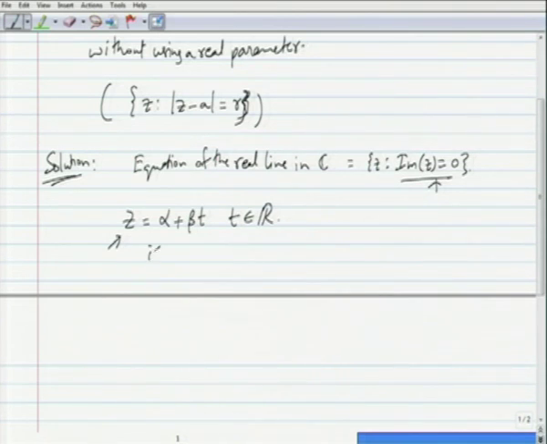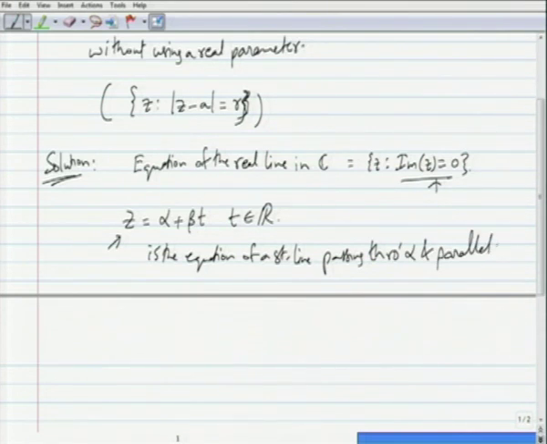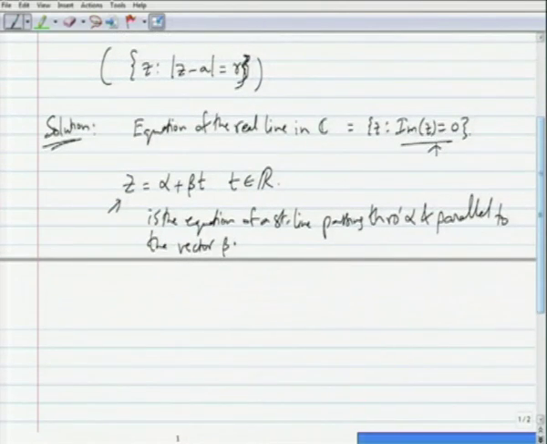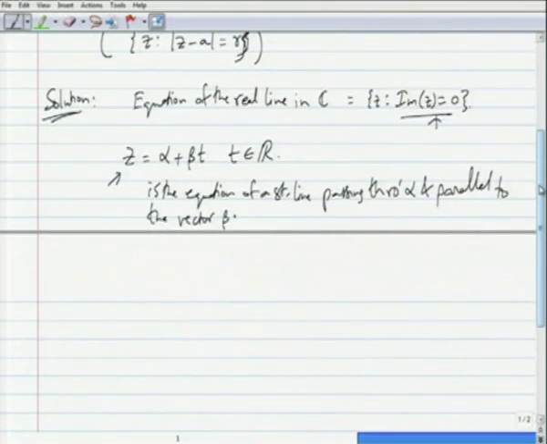This is the equation of a straight line passing through alpha and parallel to the vector beta. The viewer is familiar with this equation from geometry in the plane.